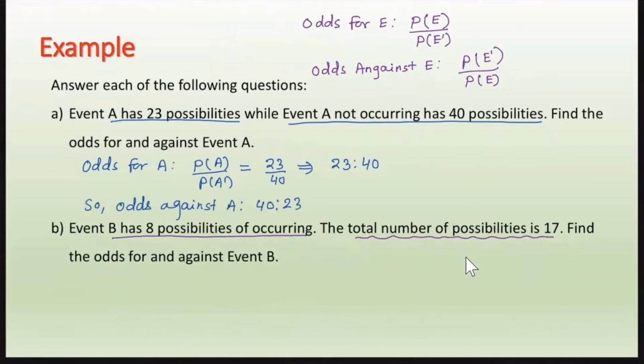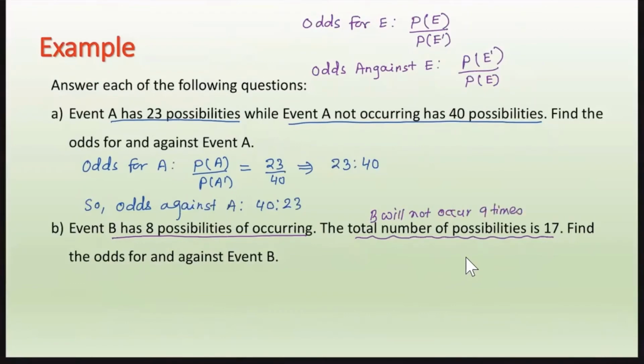How many times is that? Tell me, how much is 17 minus 8? 9. B will not occur 9 times. That's the meaning of that.